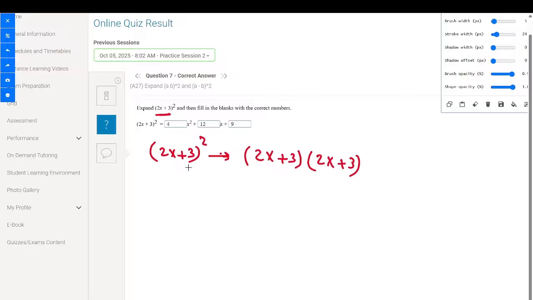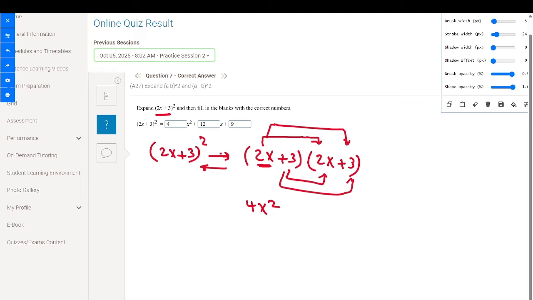Now let's multiply 2x with 2x and 2x with 3, and 3 with 2x and 3 with 3. 2x multiply 2x will be 4x squared, and 2x multiply 3 will be plus 6x, plus, now we take 3. 3 multiply 2x will be 6x, plus 3 multiply 3 is equal to 9.